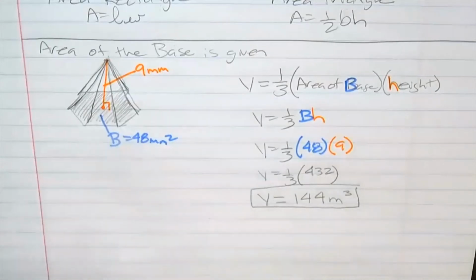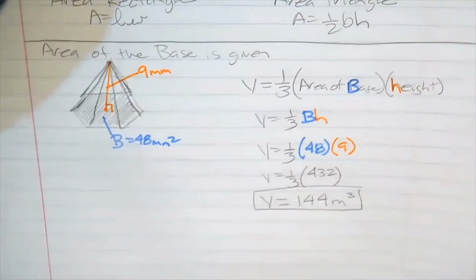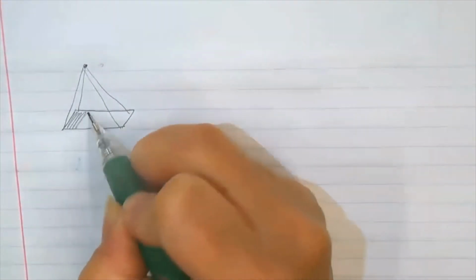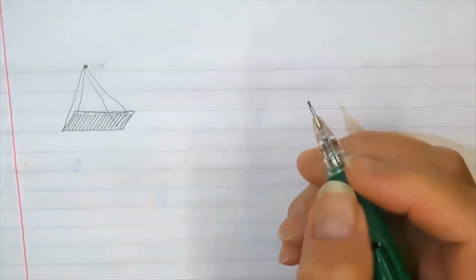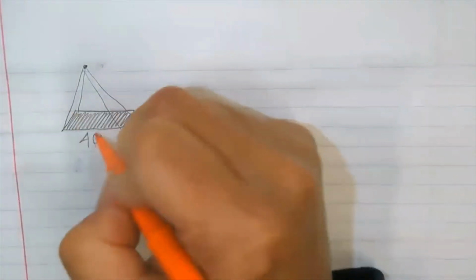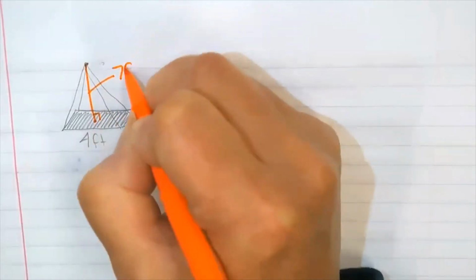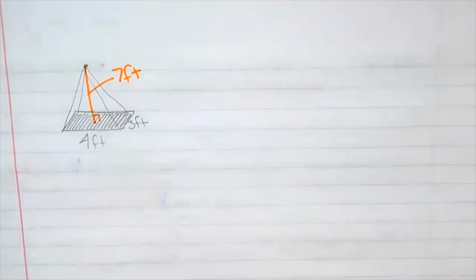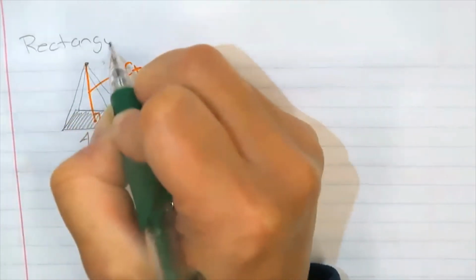But that is not always the case, because sometimes we have a pyramid that looks like this, and they're going to tell us that this is 4 feet, this is 3 feet, and this is 7 feet. So this is a rectangular pyramid.